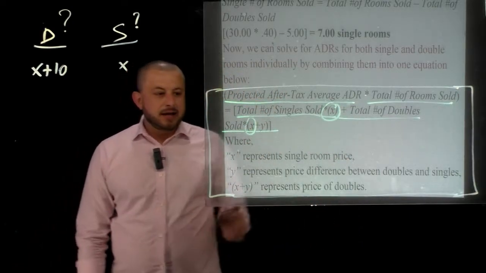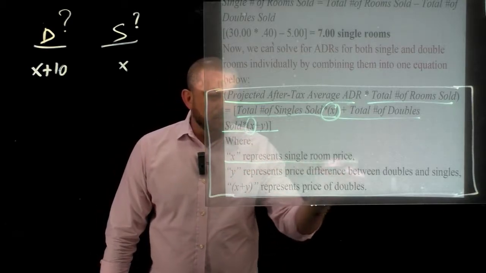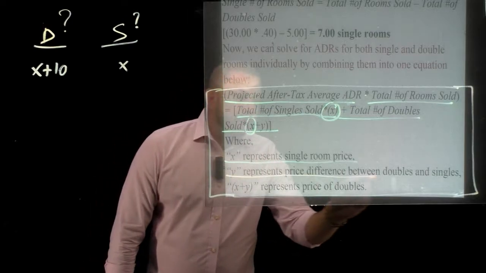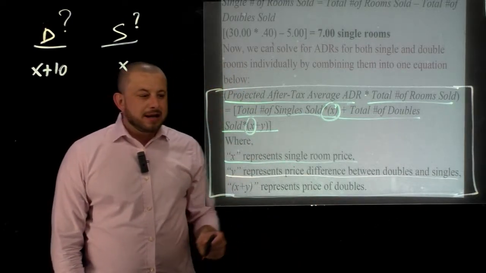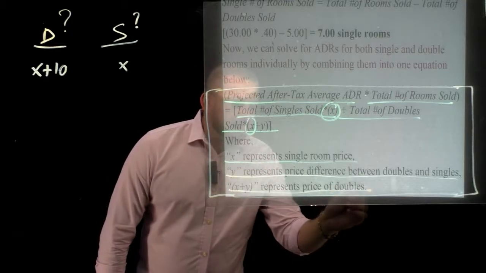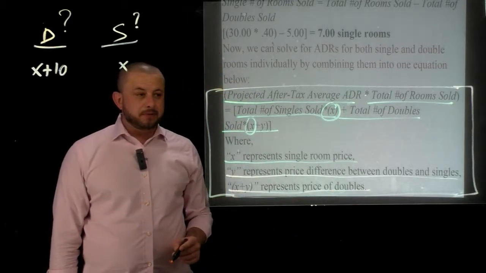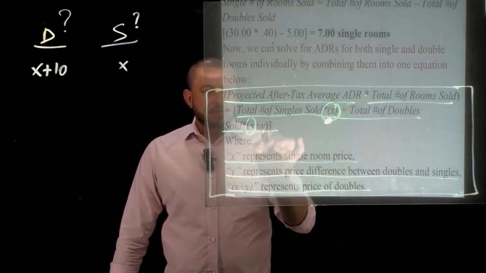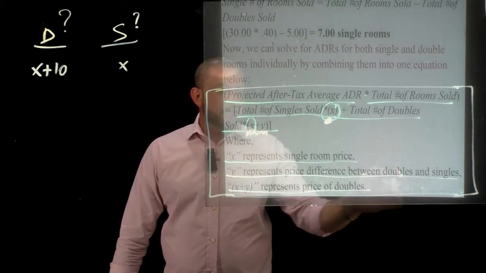So what are they? Guys, X represents the single room price, okay? Y represents the price difference between doubles and singles. X plus Y represents the price of doubles, okay? So X over here, singles price, X plus Y represents the price of doubles, Y represents the price difference between doubles and singles.